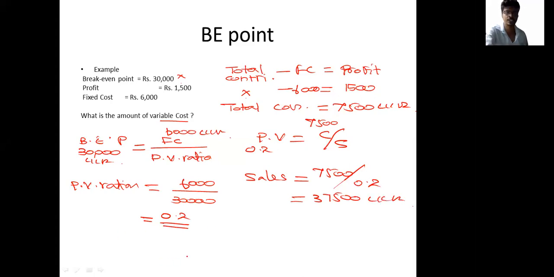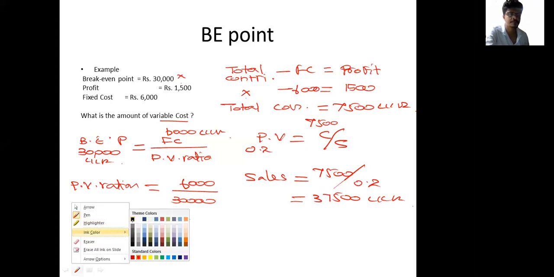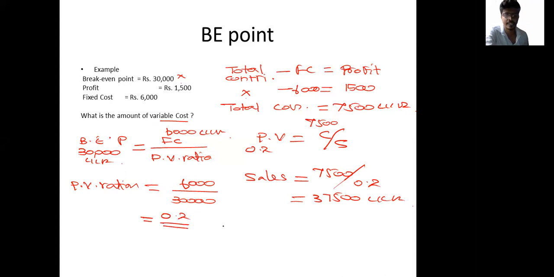Now we need to get the answer for variable cost. Sales minus variable cost equals contribution. Now we know the sales 37,500 minus variable cost equals contribution 7,500.